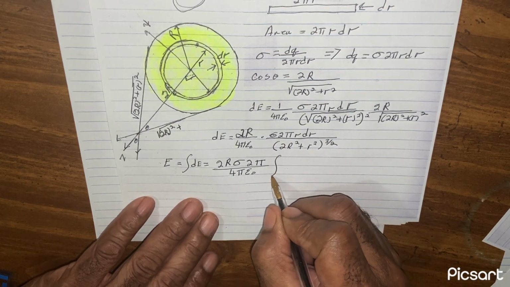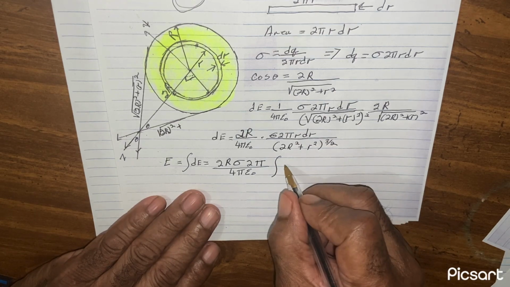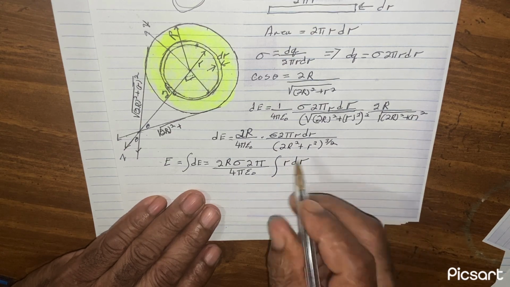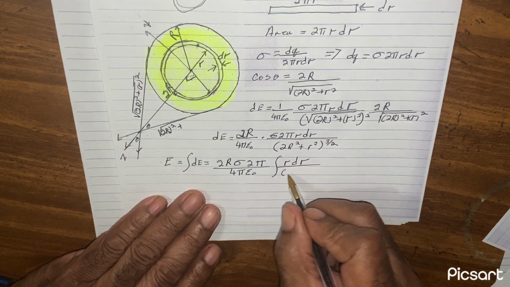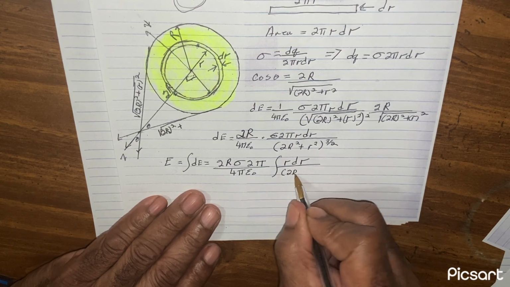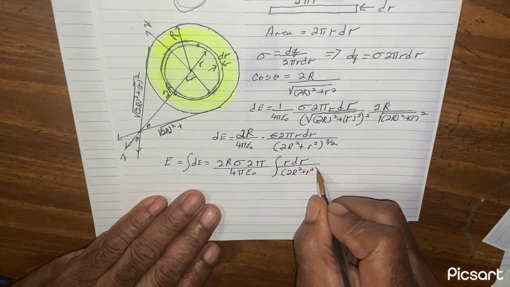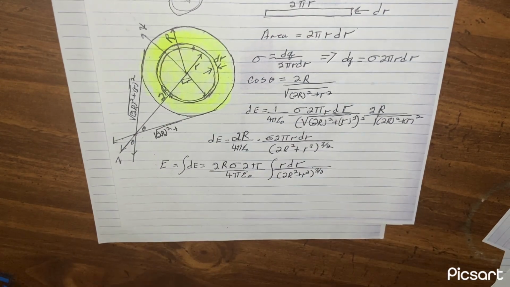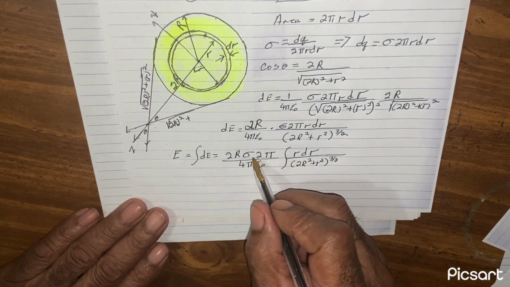So then we have the integral of r dr over 2r squared plus r squared to the 3/2. Now we can make some simplifications.